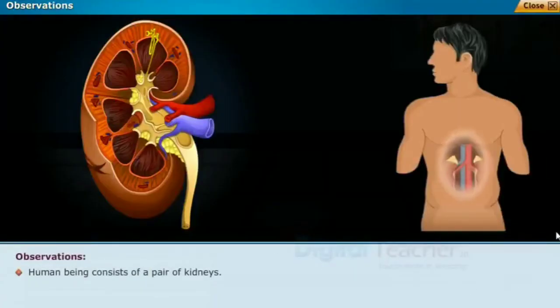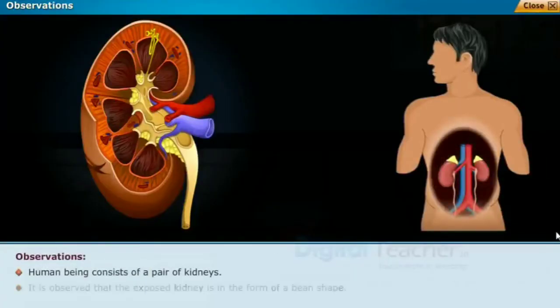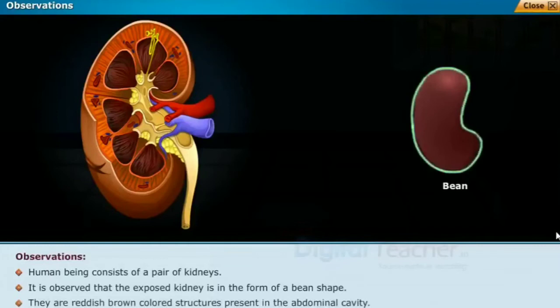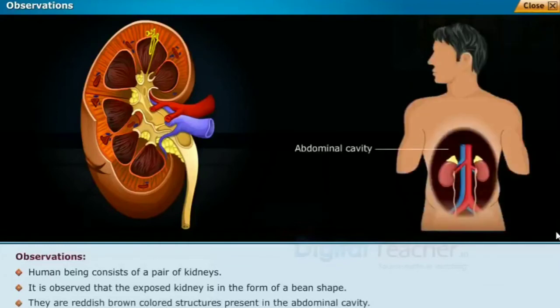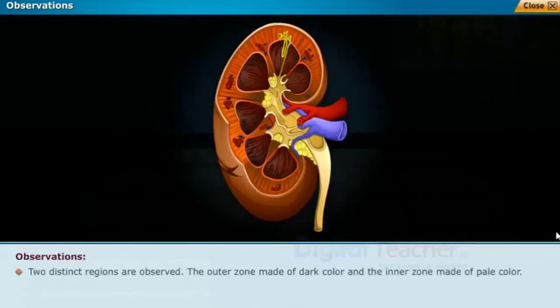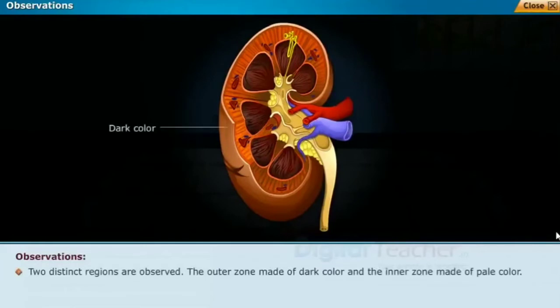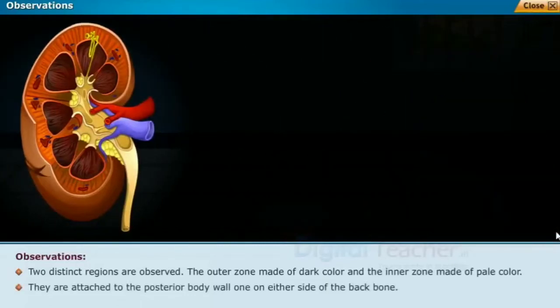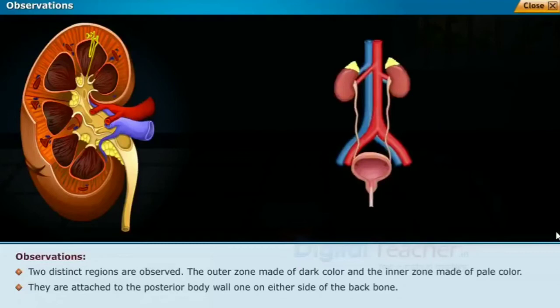A human being consists of a pair of kidneys. It is observed that the exposed kidney is bean shaped. They are reddish-brown structures present in the abdominal cavity. Two distinct regions are observed: the outer zone of dark color and the inner zone of pale color. They are attached to the posterior body wall, one on either side of the backbone.